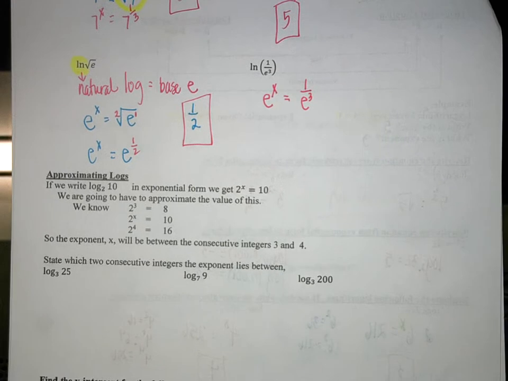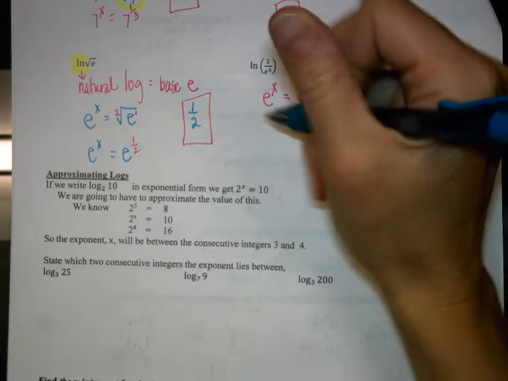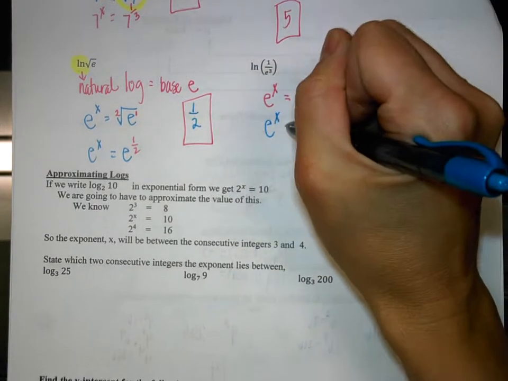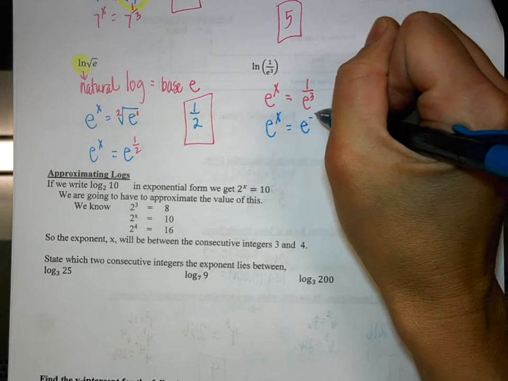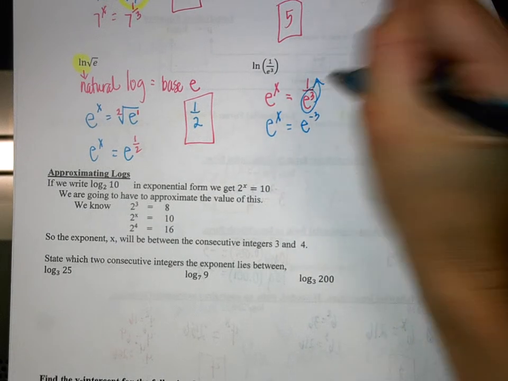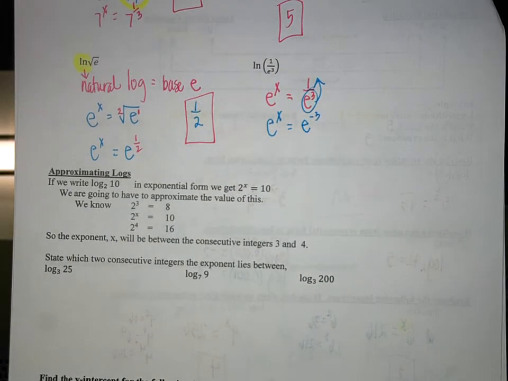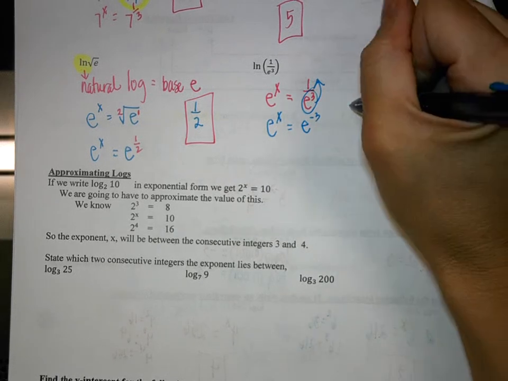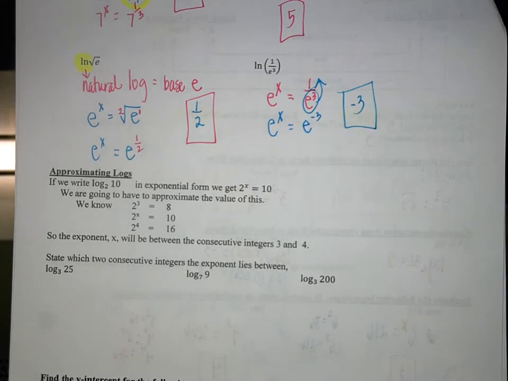Now, how do I make it so that the 1 over e to the third is no longer a fraction? Very good. So we'd rewrite this as e to the x equals e to the negative third. When you want to take this and bring it up to the top, you can add in the negative exponent. Okay? And so therefore my answer is just negative 3. How many of you guys got that right on your own? Well done. Good job.